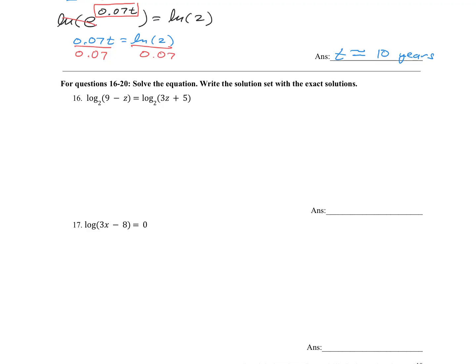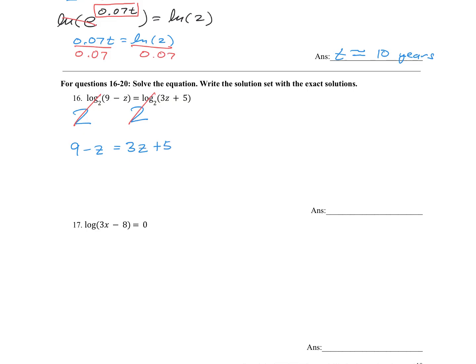And you always want to use the same base that's given to you in the problem. So in this case, I'm going to be using big old 2's. Put a big 2 here and a big 2 there. And the exponential function and the log cancel out on both sides. And I'm down to just 9 minus z equals 3z plus 5.